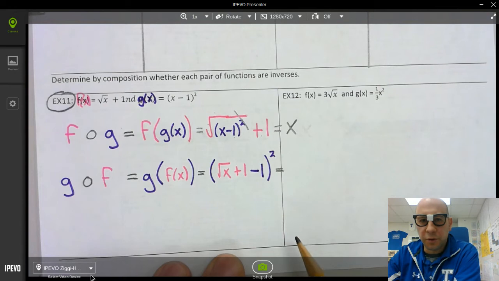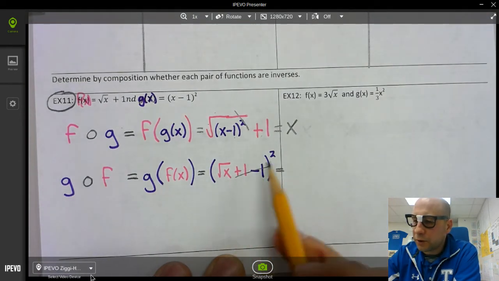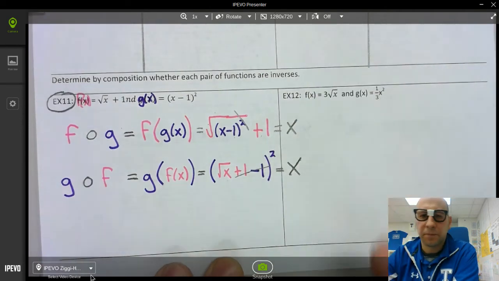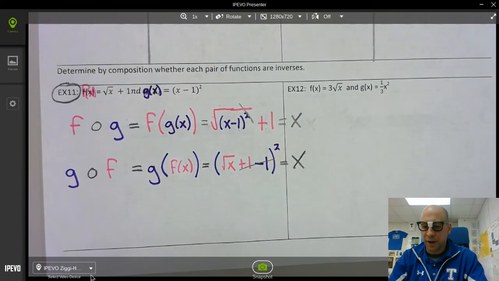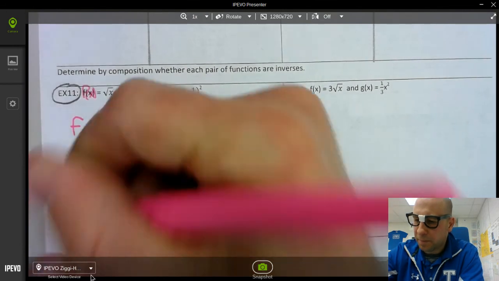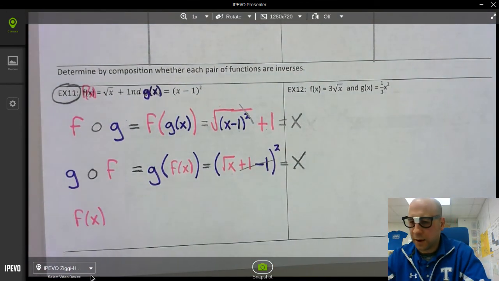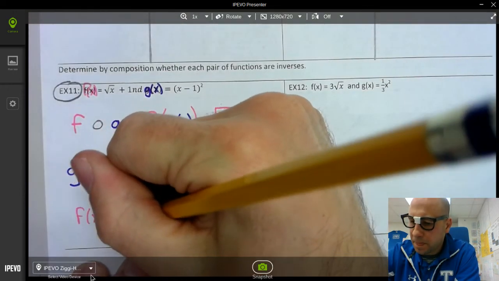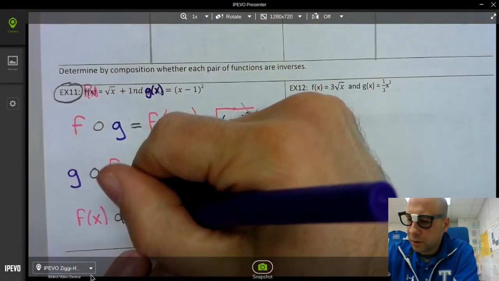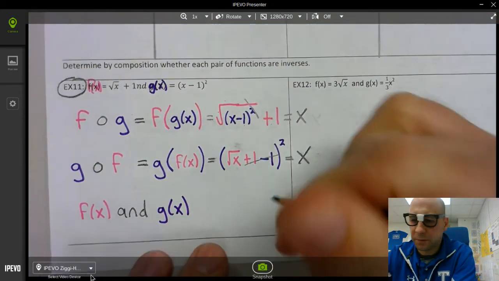All right, so you'll see that the plus 1 and minus 1 cancel, and that the square root of x squared is x. So you can now say that f of x and g of x are inverses.